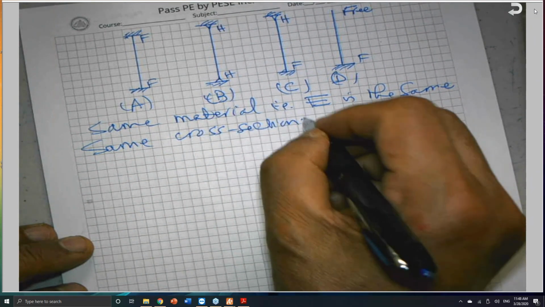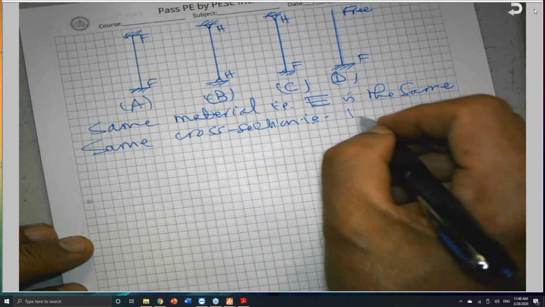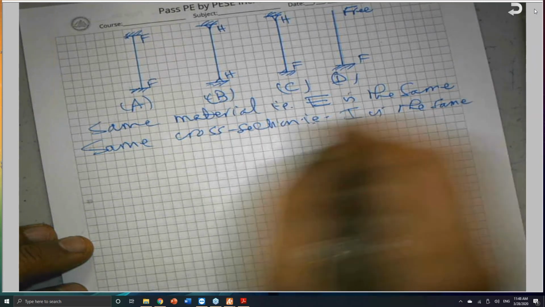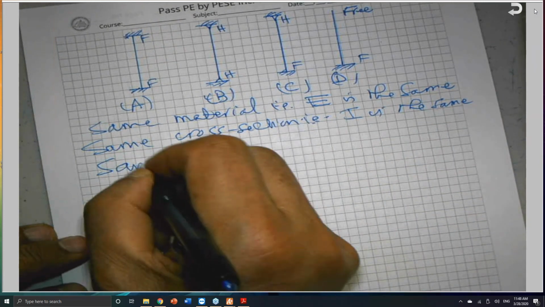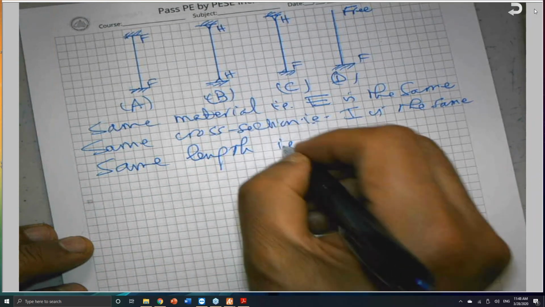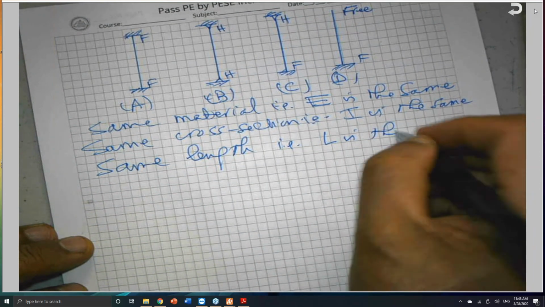Each word has a meaning, i.e. I is the same, and the same length, i.e. L is the same for all of them.